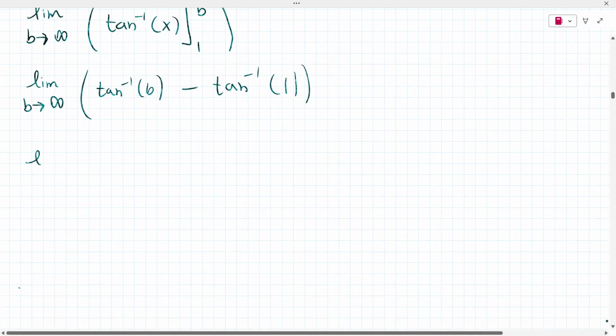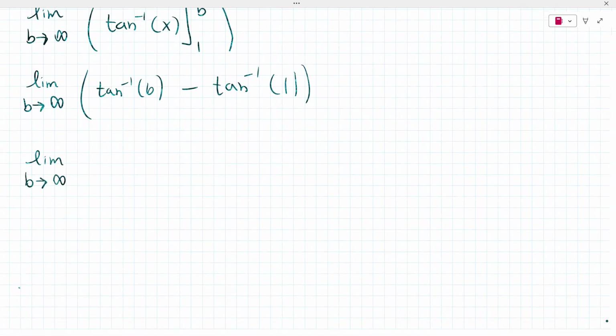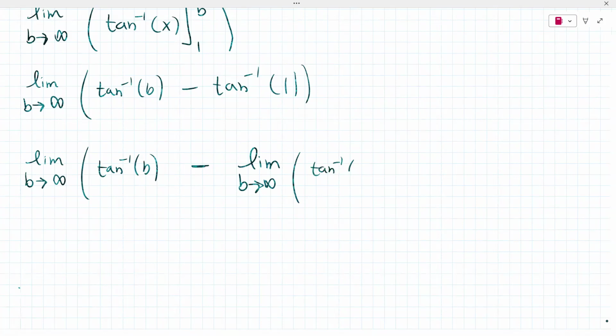So this is going to be the limit as b goes to infinity, and then we'll just write it out as two separate limits. It's going to be the limit of tan inverse of b minus the limit as b goes to infinity of tan inverse of 1.